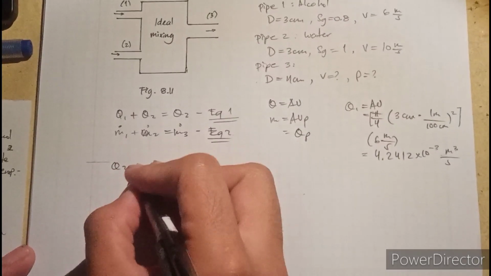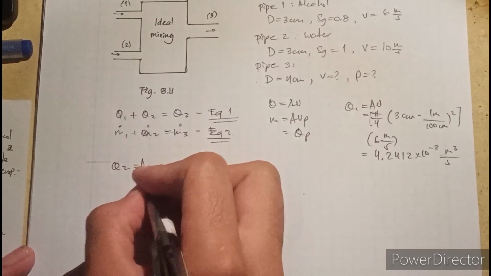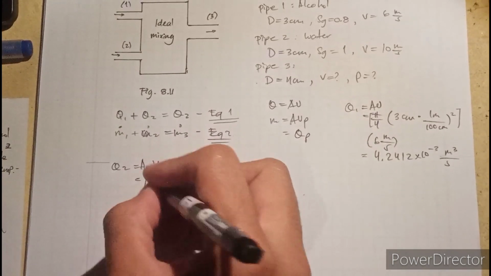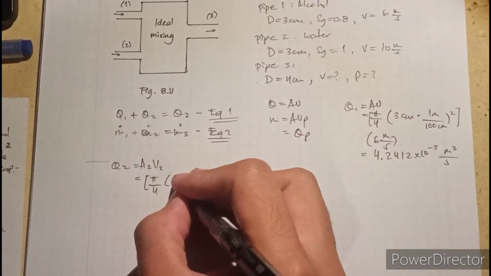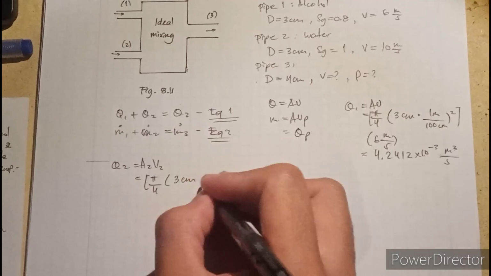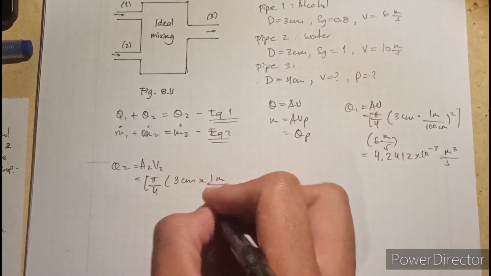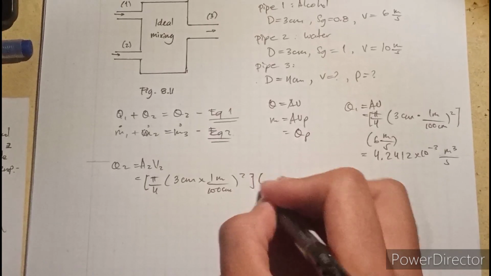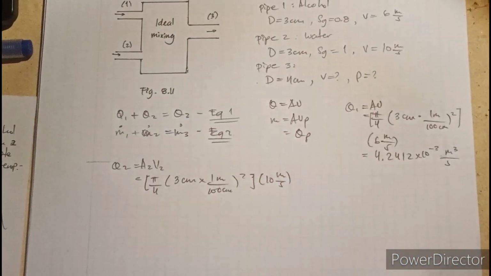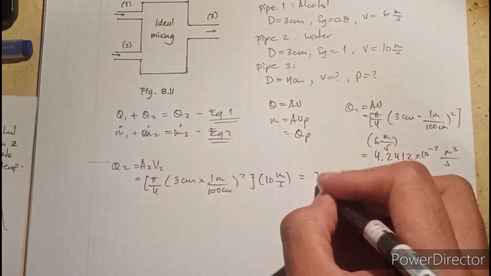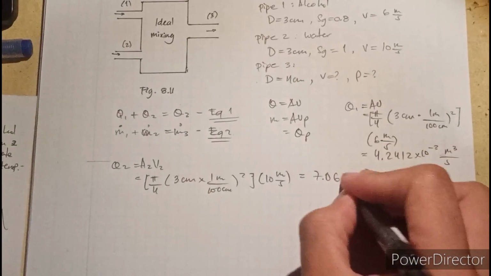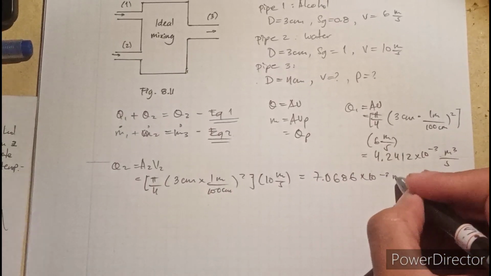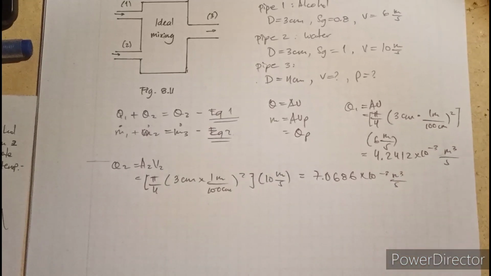Now solving for Q2, discharge A2V2, which has the same diameter times 1 meter over 100 centimeters squared multiplied by 10 meters per second, which leads to 7.0686 times 10 raised to negative 3 cubic meters per second.